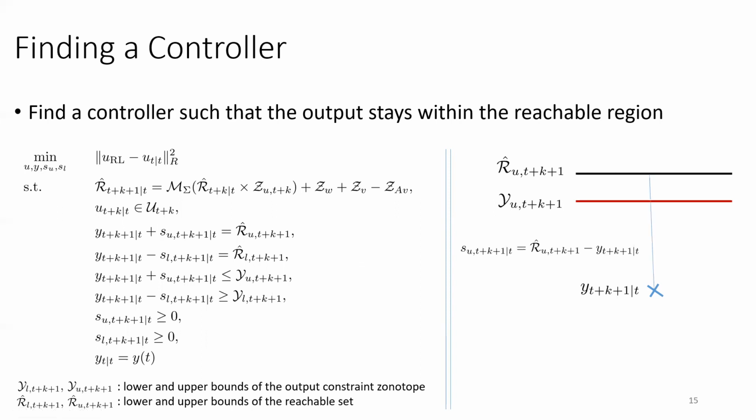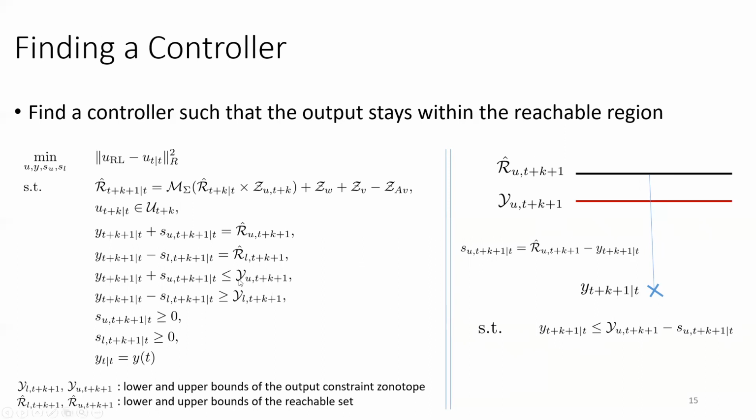So we compute a slack variable R minus Y, which is this value. And then we tighten the constraint. So we choose the output such that the constraint is tightened by such a slack variable.